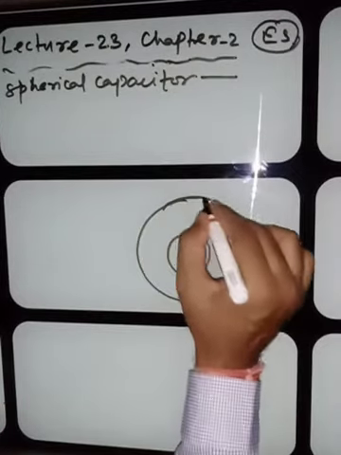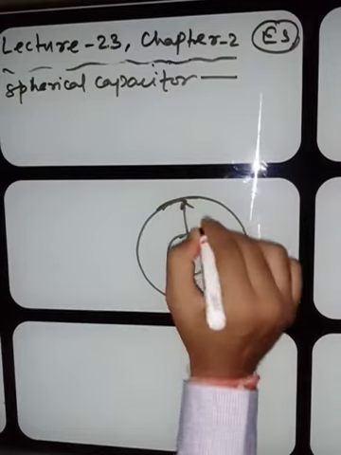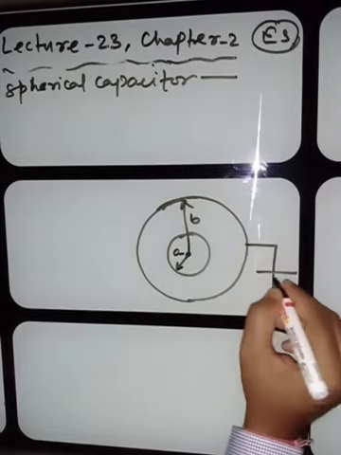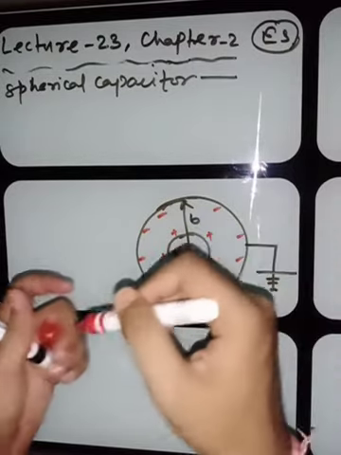The two concentric metallic spheres, the radius A and the radius B. The outer shell is being earthed. If the inner one is positively charged, then the outer one will have a negative induced charge deposited, and the outer positive charge will go away and be neutralized.